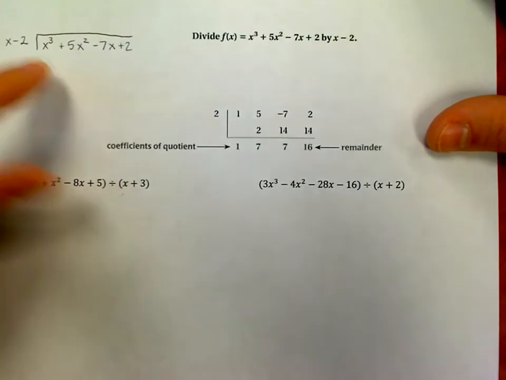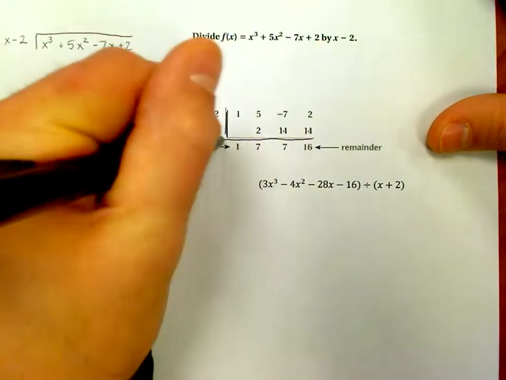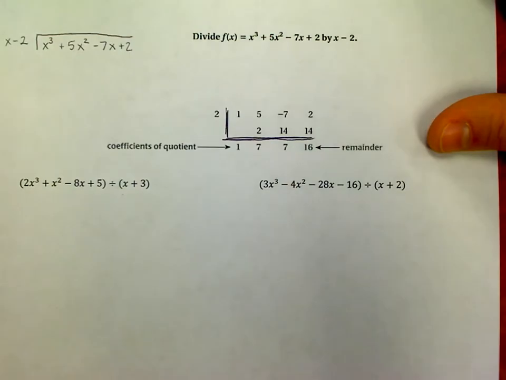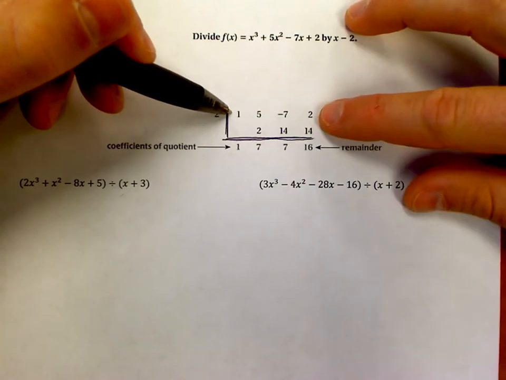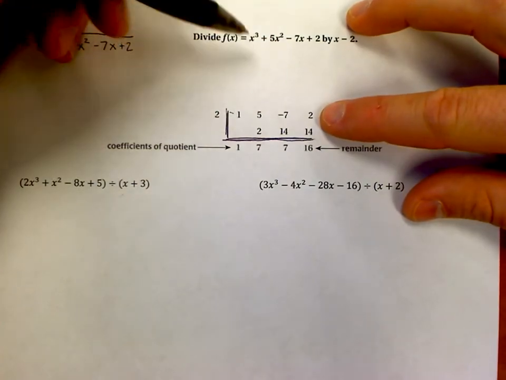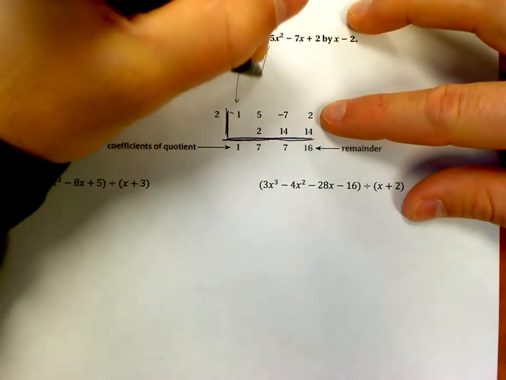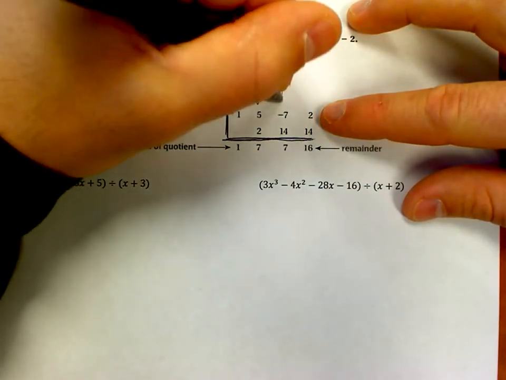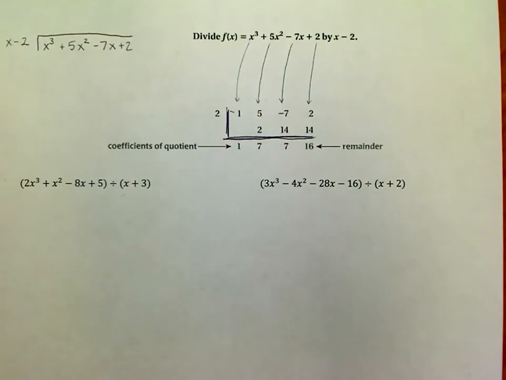Ready? We're going to draw a little box. It's going to look like this. So you can see we have a vertical line and a horizontal line, right? We draw a box, okay? The top row inside the box represents the coefficients of all these powers. So in other words, look at this. I have 1x cubed, I have 5x squareds, I have negative 7x's, and I have a 2 for the constant.